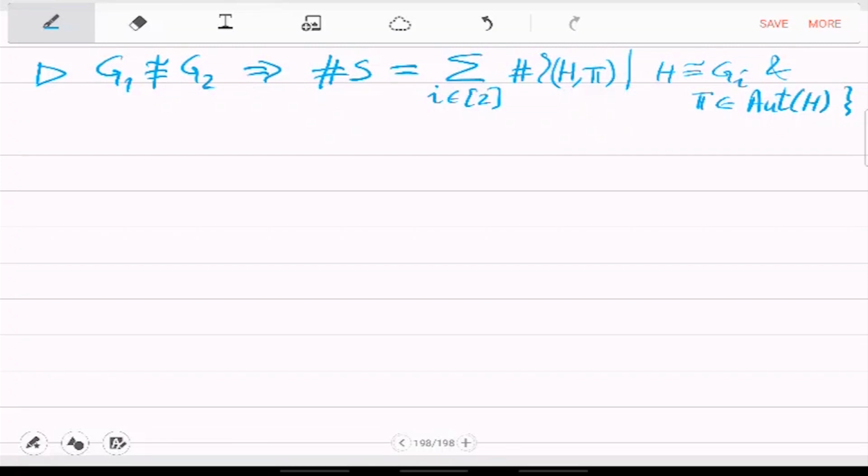The part of S corresponding to G1 and the part of S corresponding to G2, you are summing them up. Each of them you know is n factorial, so you get 2 times n factorial. Note that these two sets are disjoint.